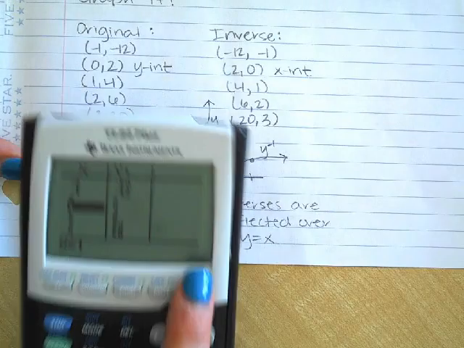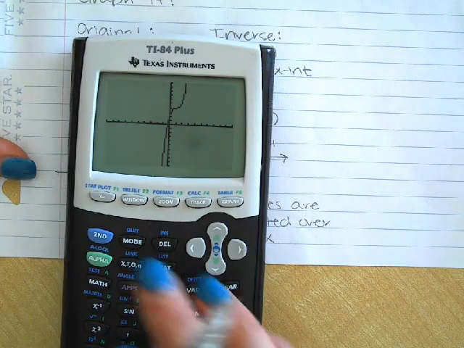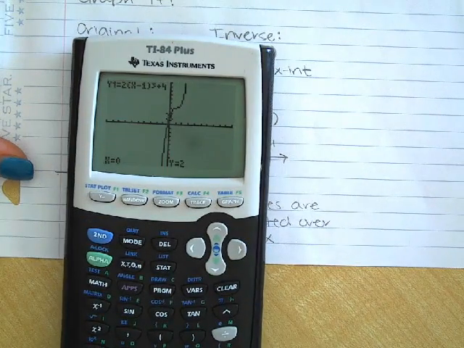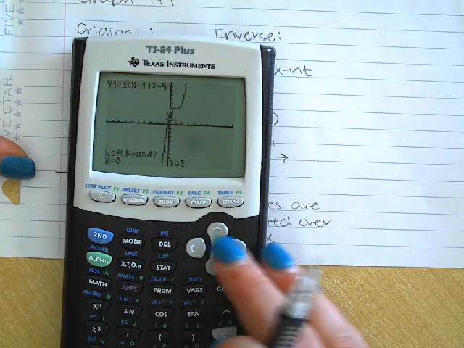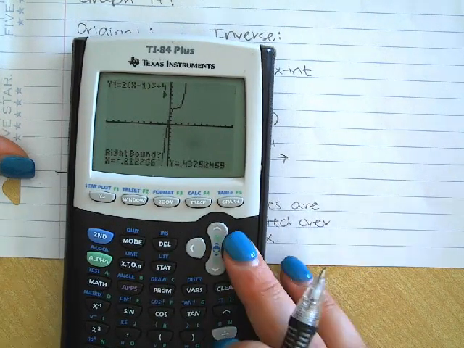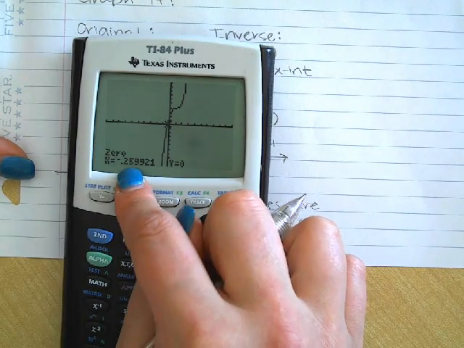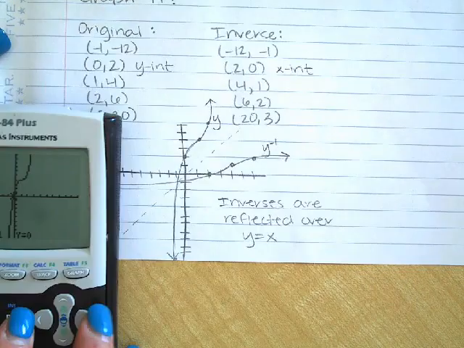If I take this graph and figure out the x-intercept of the original function, I already knew the y-intercept. For the x-intercept, I'll do my left bound and my right bound. The x-intercept is negative 0.2599, which would be negative 0.260.